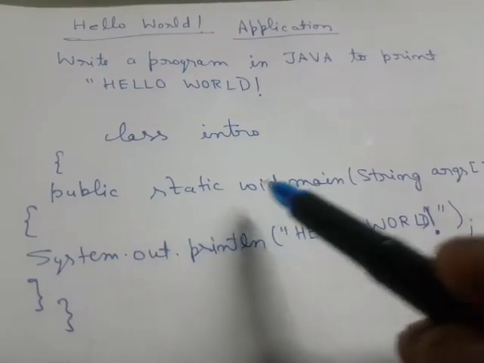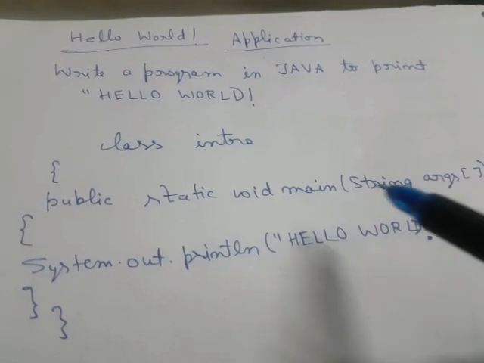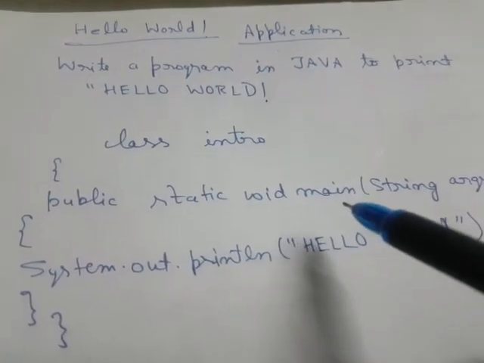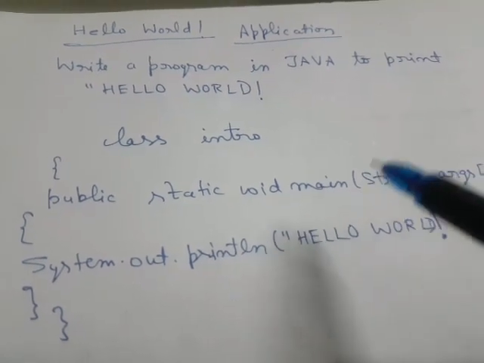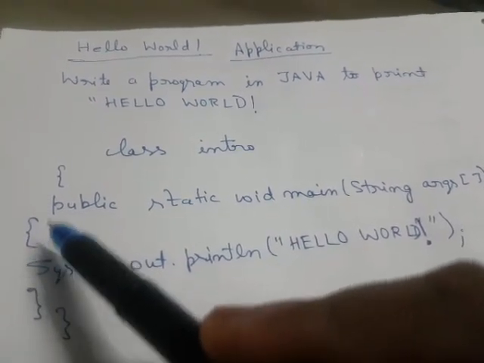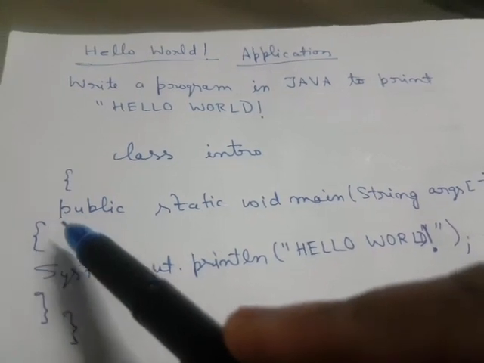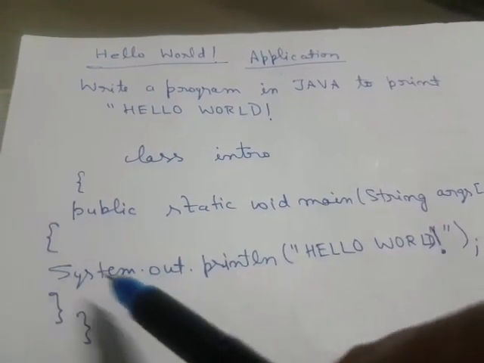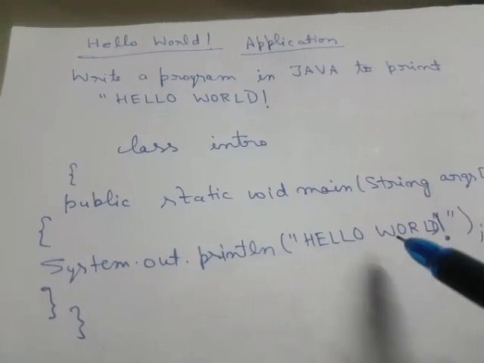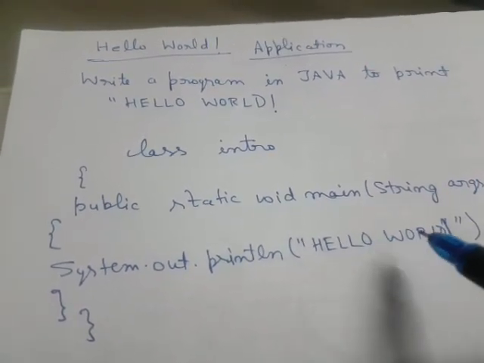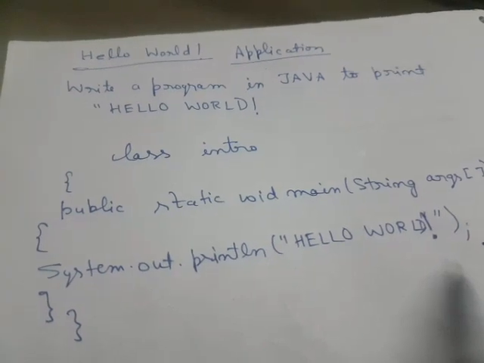Then we have public static void main String args. Main is the function which the Java virtual machine looks for to begin the execution of the Java program. After that, the curly brace of the function shows the beginning of the definition of the function. Then we have System.out.println Hello World. Hello World is the string within double quotes and parentheses, followed by a semicolon.